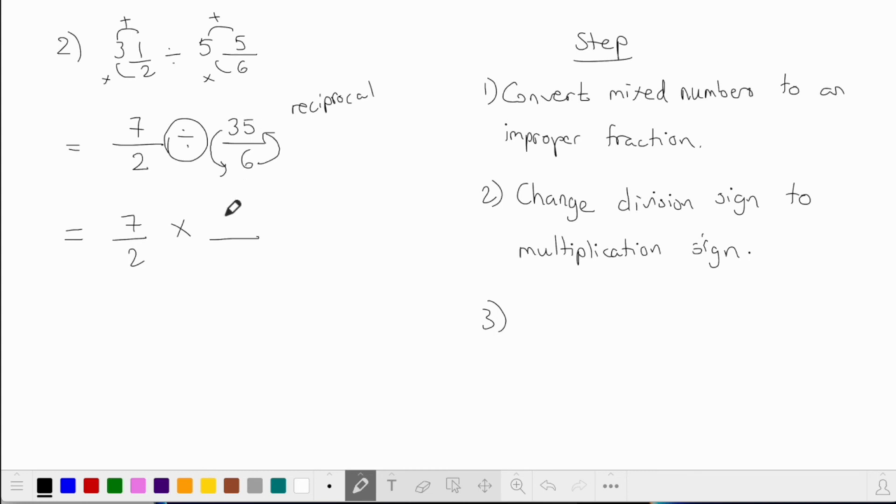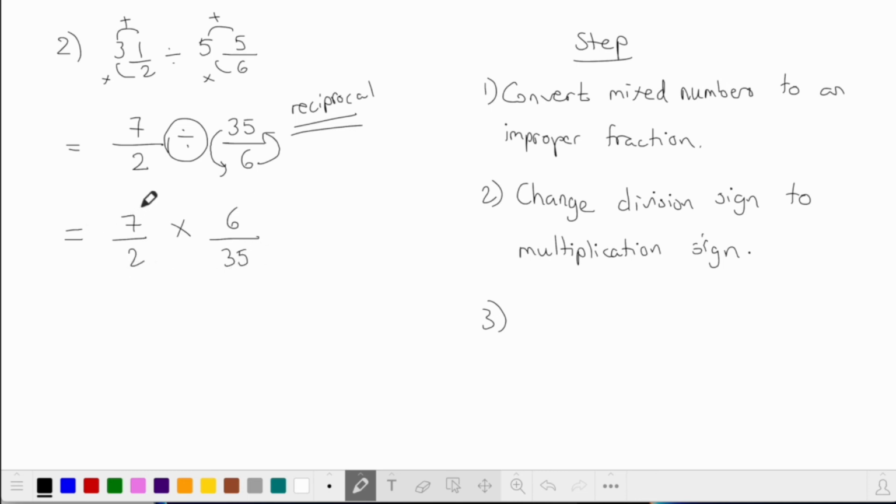35 by 6 will become 6 by 35. So the reciprocal of 35 by 6 is 6 by 35. Just to remember the word reciprocal, it means you flip the numerator and denominator whenever you switch the division sign to a multiplication sign. It's easier now, right? So we have numerator by numerator and denominator by denominator.